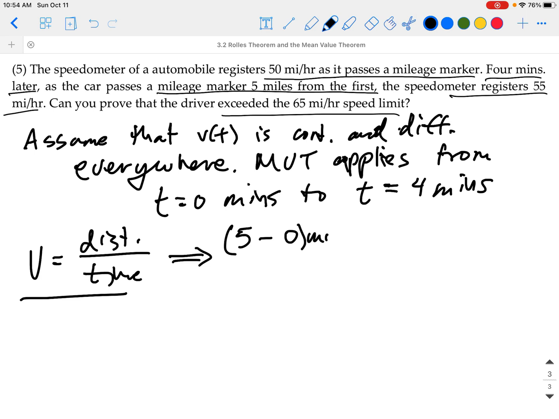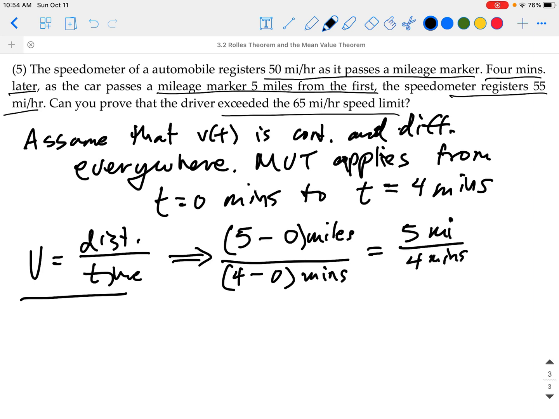So we traveled 5 miles total, divided by 4 minutes.